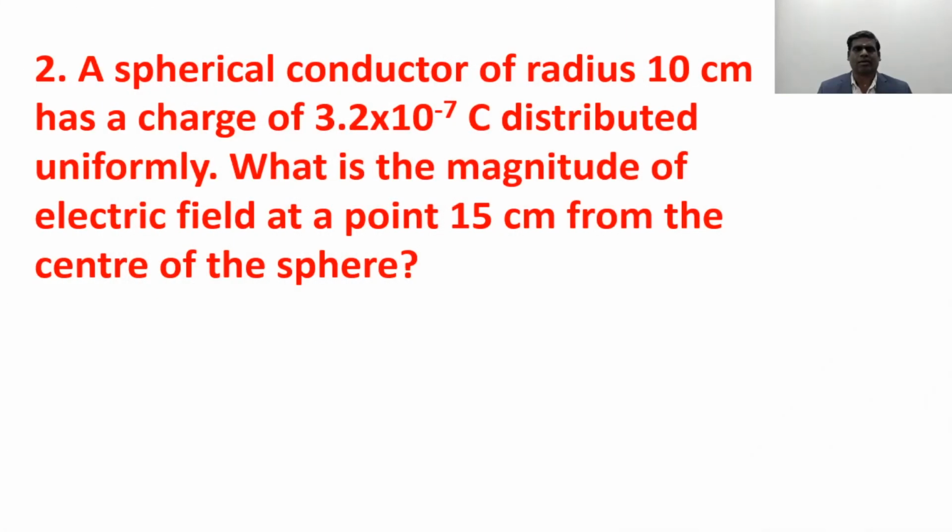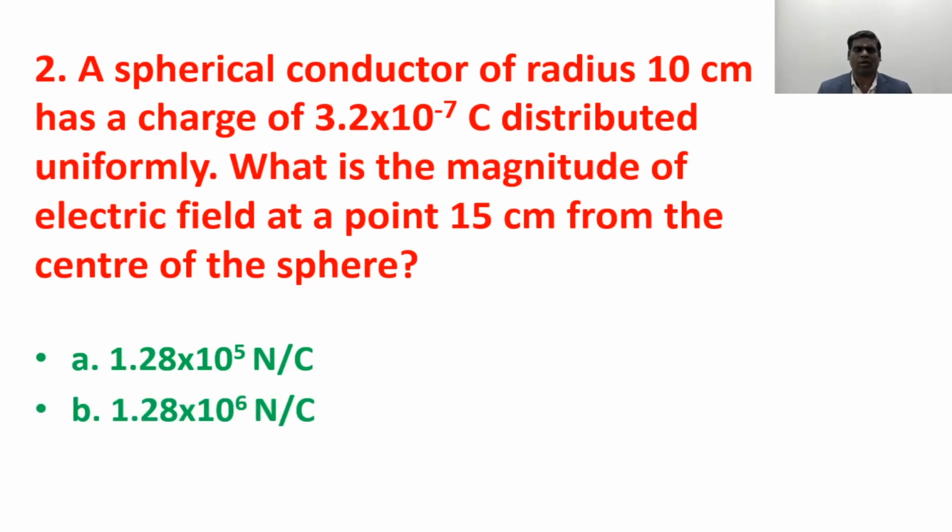Second question. A spherical conductor of radius 10 centimeter has a charge of 3.2 into 10 power minus 7 coulomb distributed uniformly. What is the magnitude of the electric field at a point 15 centimeter from the center of the sphere? Option A, 1.28 into 10 power 5 Newton per coulomb.